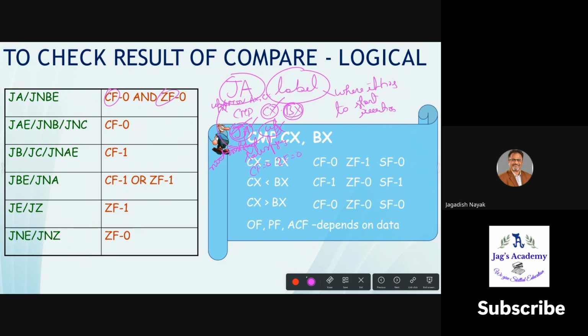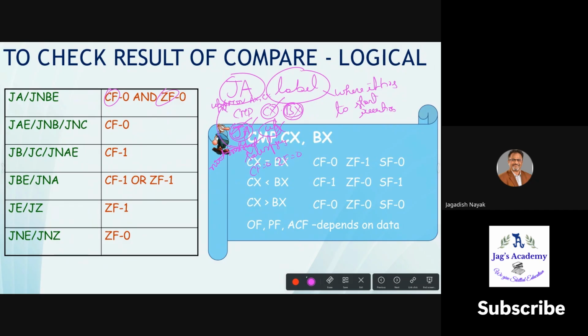It is the same as jump on not below or equal; in this case, compare CX, BX says CX is not below or equal. This is the compare instruction followed by jump on above. I've understood this. Okay. Similarly, you have many others, like jump on above or equal.